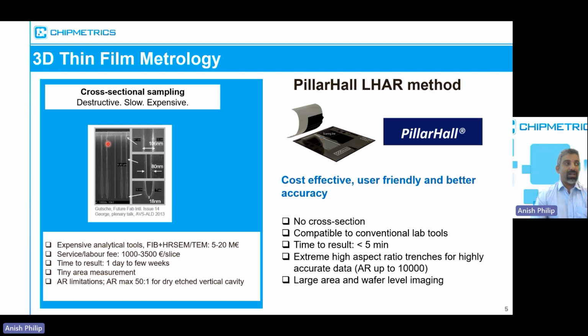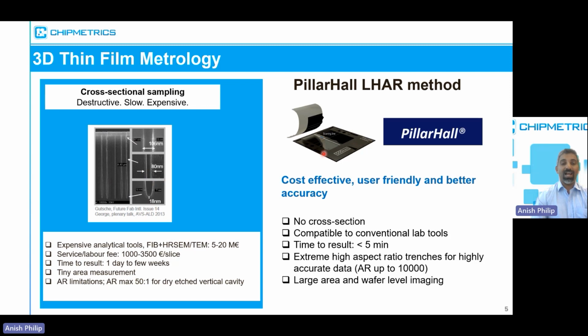And one of the other disadvantages, as you can see, in today's dry etching, the maximum aspect ratio that can be reached is around 50. So most of these processes, the penetration depth goes beyond 50 micrometers. So it is impossible to monitor your process using these vertical test structures. So here we provide a solution to replace these vertical test structures.